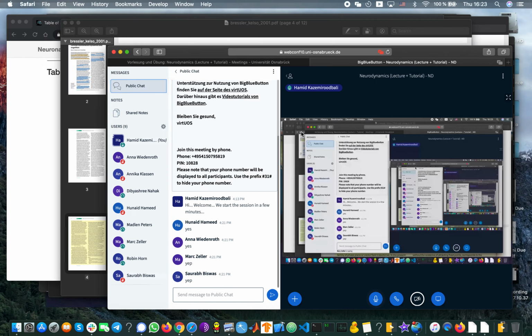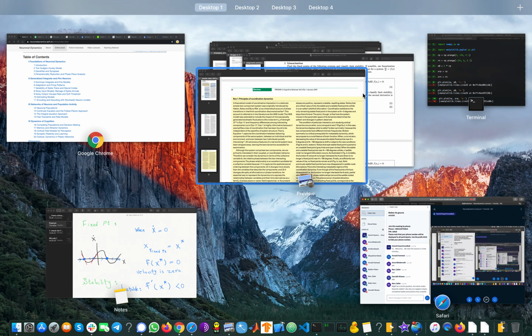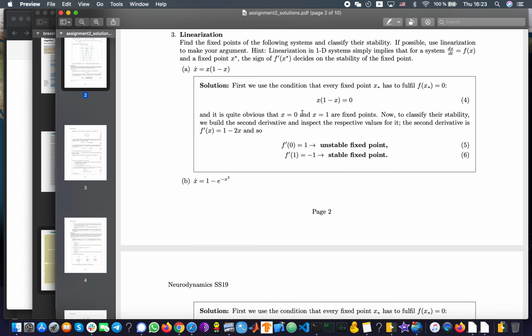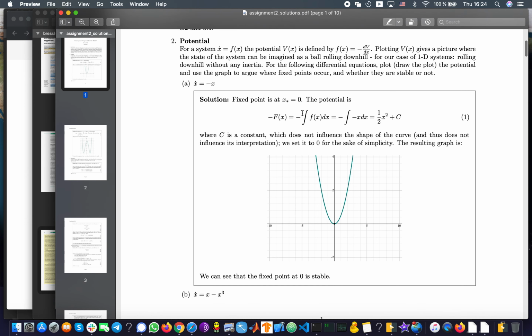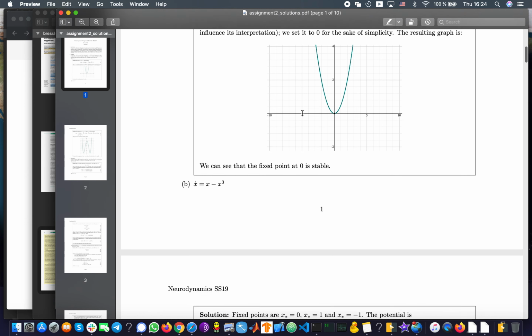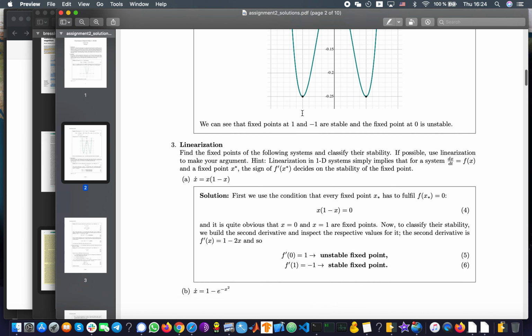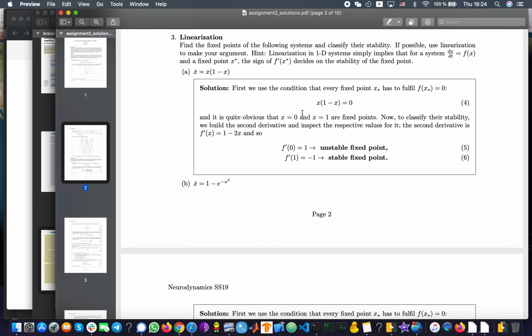So let's go to the practice sheet here. We talked about this potential last session, and now we want to talk about linearization. Why linearization? Because we want to investigate bifurcation, and for bifurcation we need some mathematical tools called linearization.